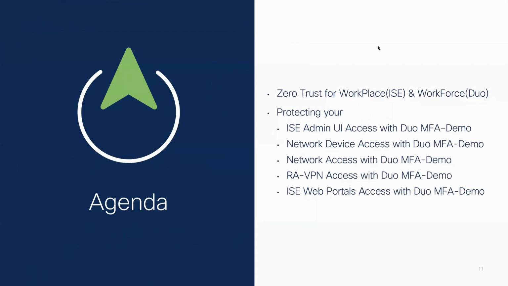Once we've spoken about how to secure your workplace and workforce with ISE and Duo respectively, we want to get started with how to protect yourself whenever an admin user is trying to access the admin UI, or a user is trying to access a network access device, or a user is connecting to the network, and how we could protect remote access VPN and web portals with the help of Duo. That's what our agenda is going to be, and we're going to have a lot of demos. Just stay tuned to it.